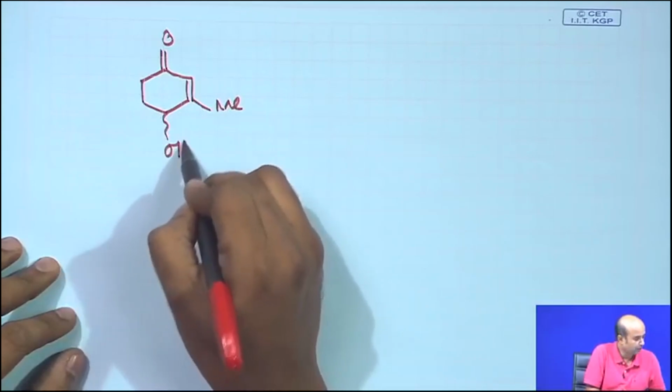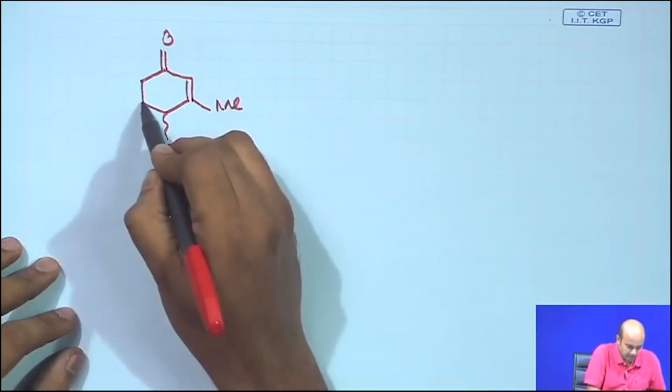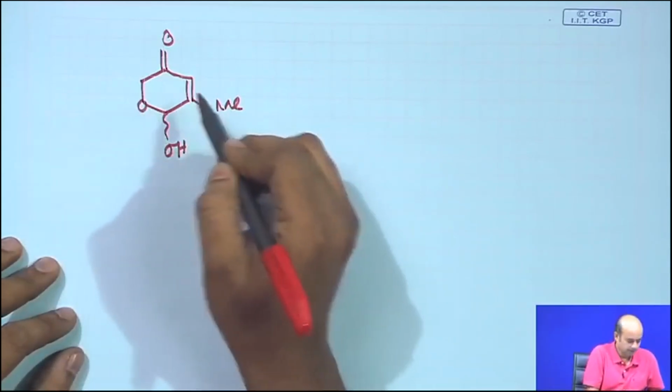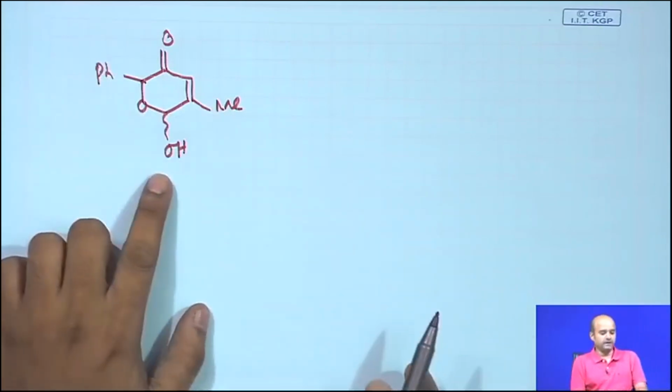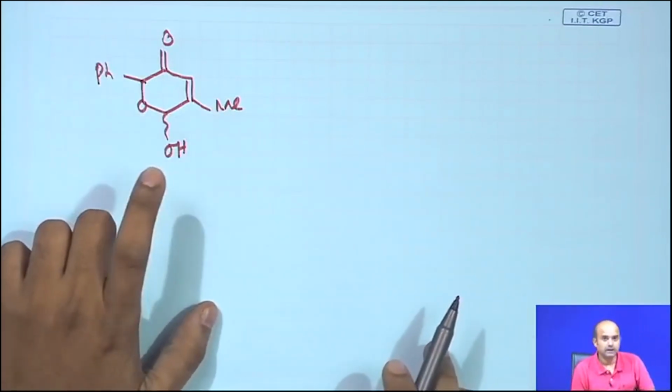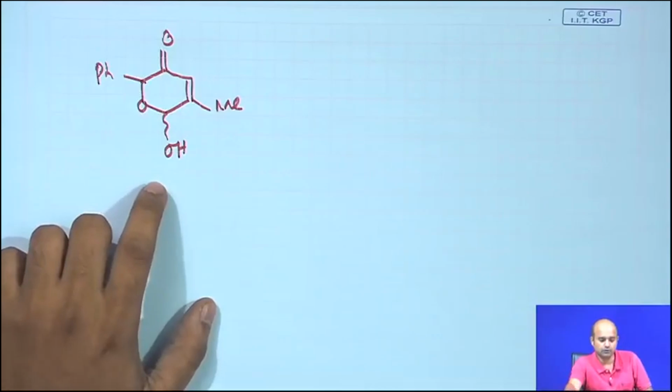You will have this hydroxy here, and you have these things, and then you have this phenyl. So, this is basically your 6 member lactone.